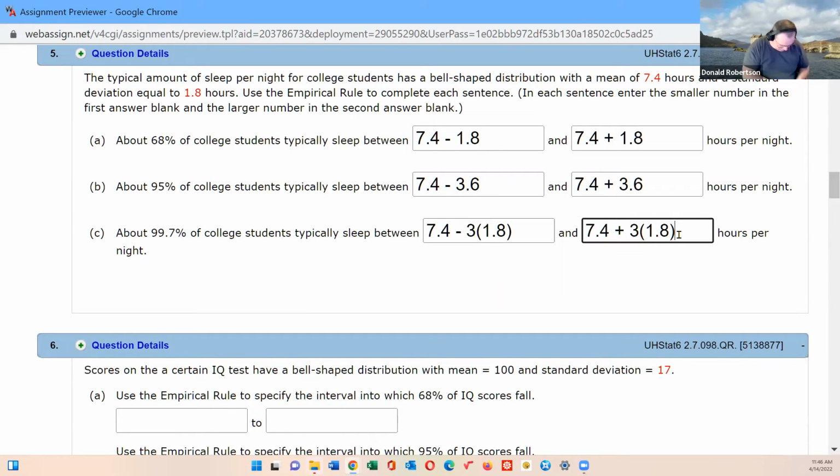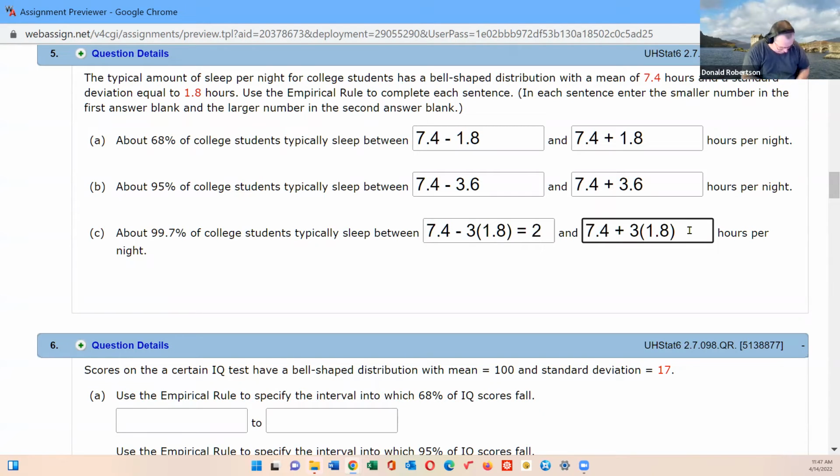Okay, let's actually do that calculation. 99.7% of college students typically sleep, let's say 7.4, take away 3 times 1.8, and that ends up being 2 hours. Wow.